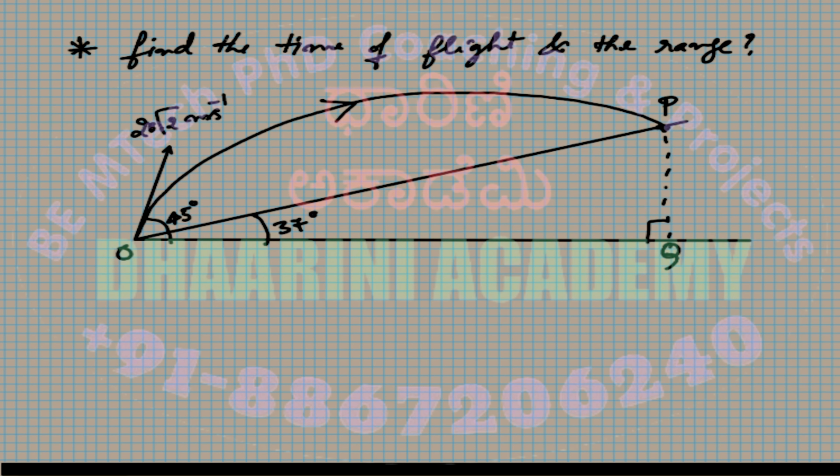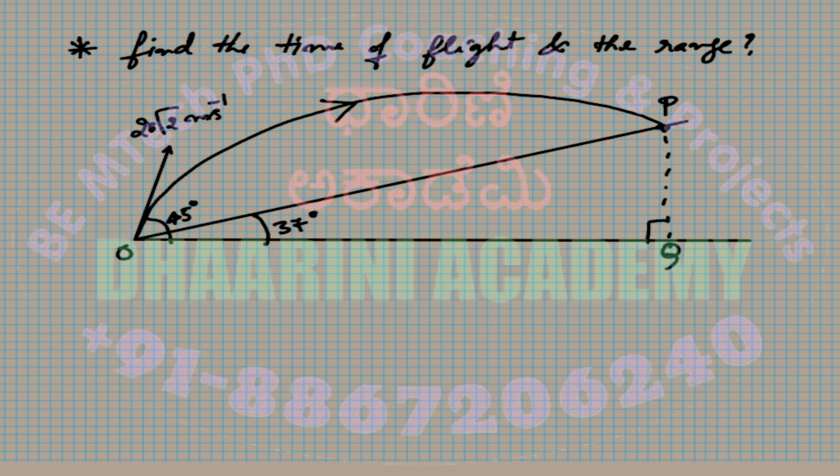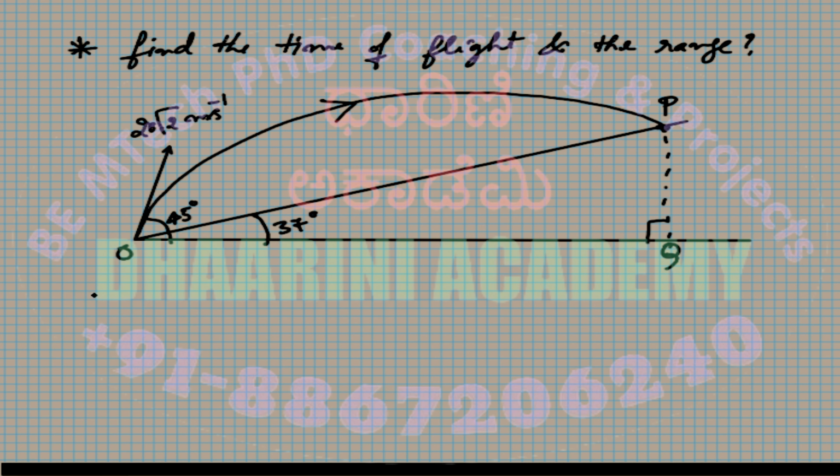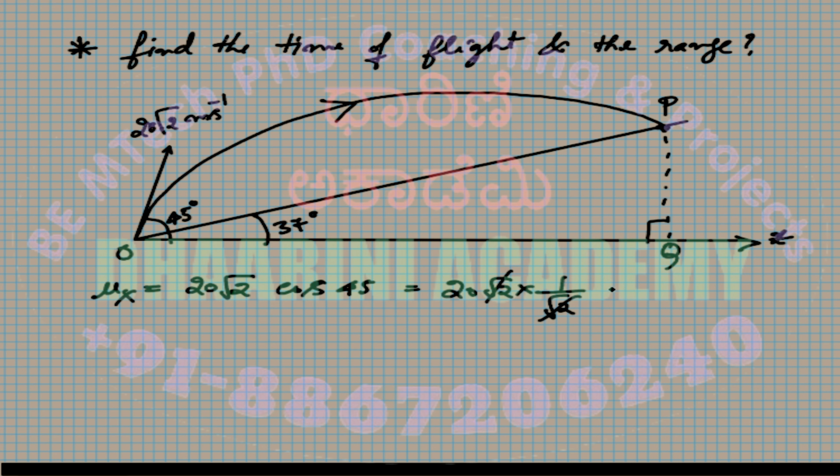For this data we can first find the velocity along the x-axis, that is ux. Ux is u, given as 20 root 2, into cos 45. Cos 45 is 1 by root 2, so the root 2 will cancel, and the answer is 20 meters per second along the x-axis.